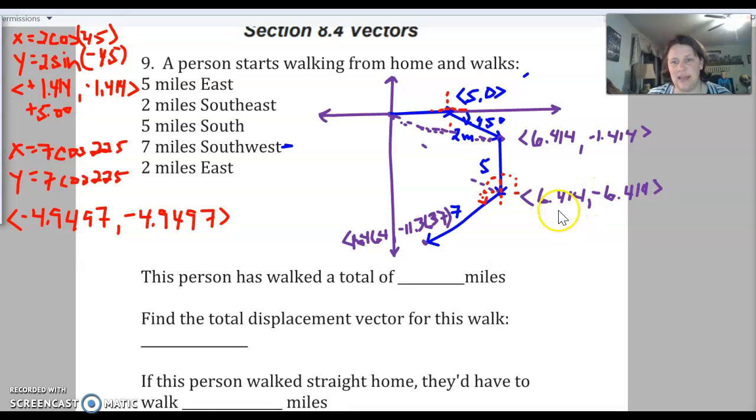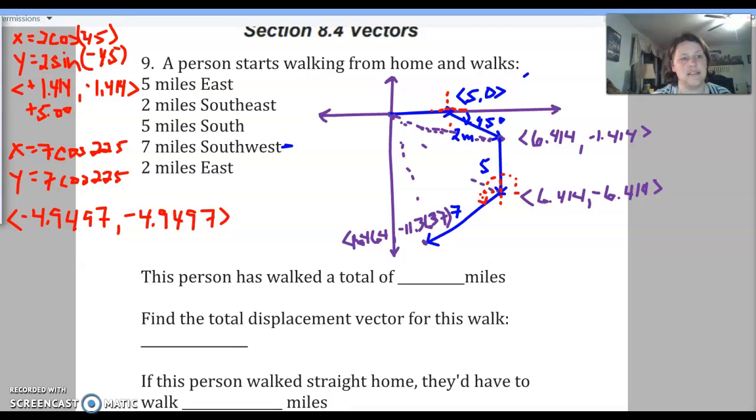Alright, so I added these values, which are the vector numbers for this vector here, on to the end of the values that we already had, and this gives us the exact location of the endpoint of this vector. It would also give us the component form of a vector starting at home and going out in this direction. So it's positive 1.464 and negative 11.3637.